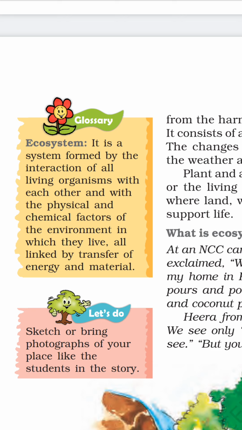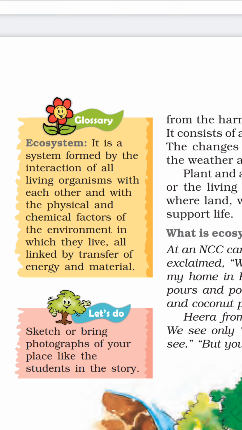So an ecosystem is the functioning of large species and large elements, like different organs. They interact with each other, and their physical and chemical components also interact with them, and they transfer energy between each other.